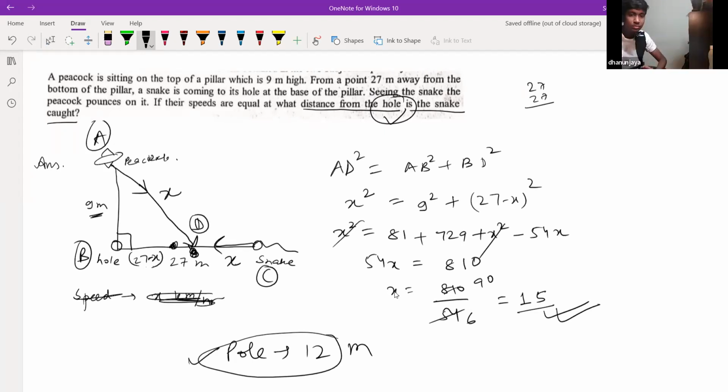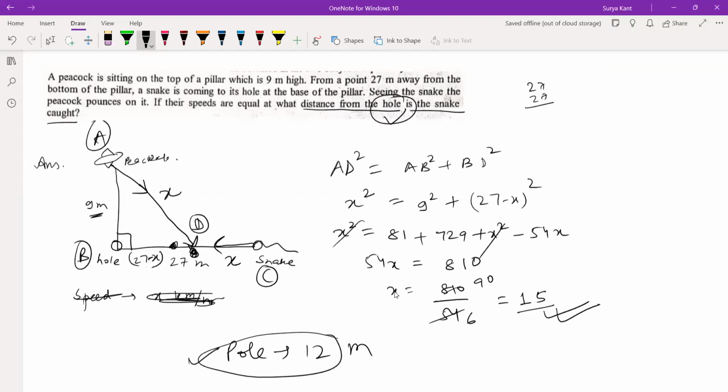Sir, 9, 12 and 15 are Pythagorean triplets. Yeah, correct. So here there are two things, X, and here is 27 minus X. Who is not understanding, tell me, I'll explain once again, not a problem.